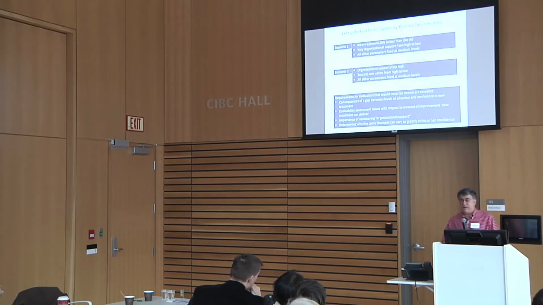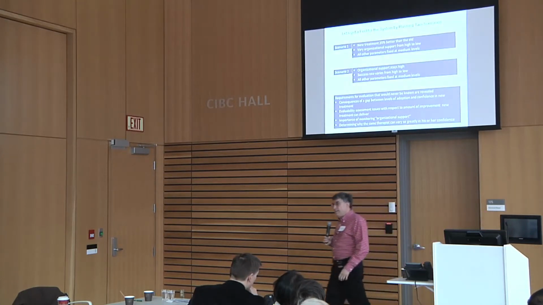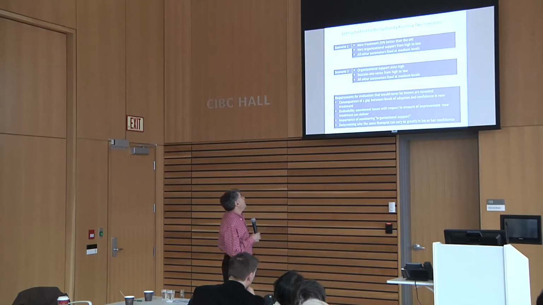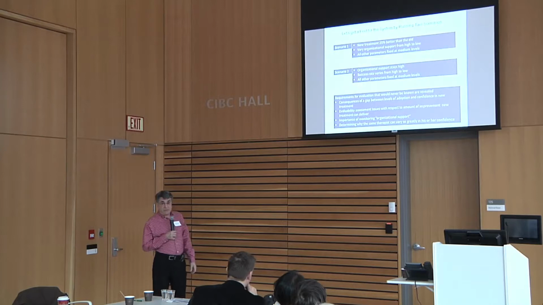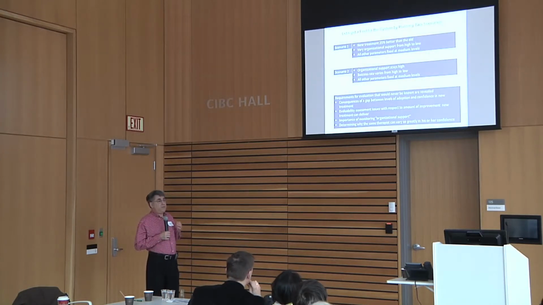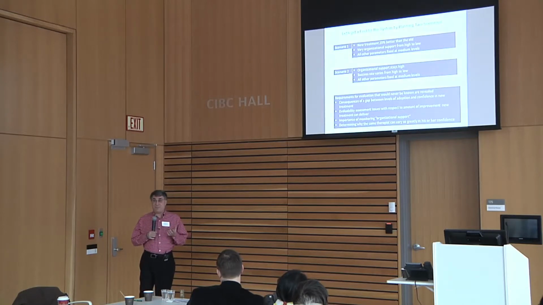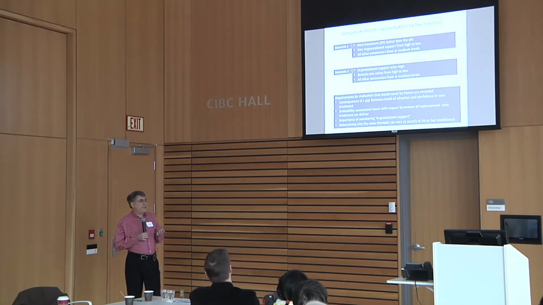I'm going to show you two scenarios here, okay? In the first scenario, the new treatment is going to be about 25% better than the old treatment, which, by the way, from my point of view, is great. My God, you've got some new treatment, it's 25% better. One of the things you're going to find is that it's not quite good enough if you really want to get high levels of confidence.